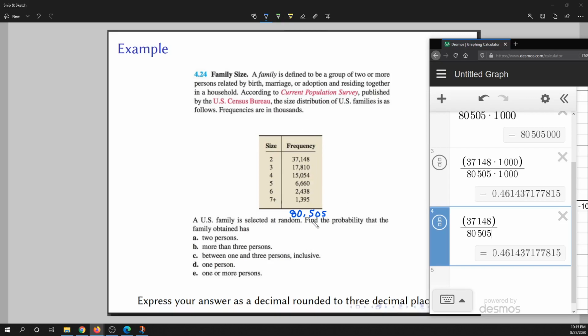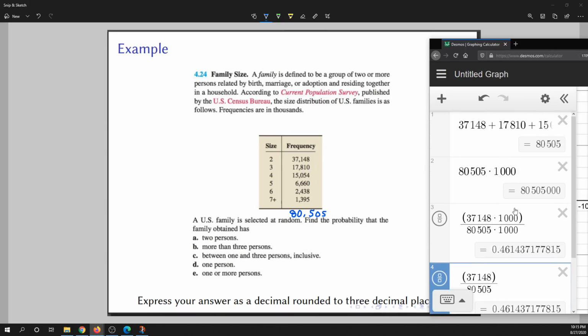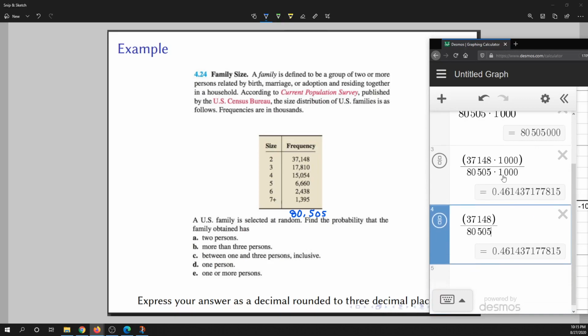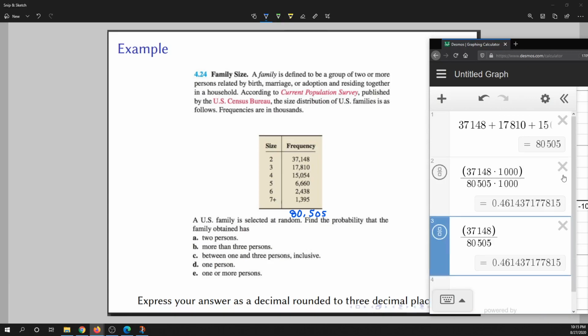You need to either say that's in thousands, or just report the number as whatever it is, 80,505,000. So report it that way, okay? All right, so for us calculating probabilities, we don't have to worry about it. We can just do this without multiplying the thousands in there.